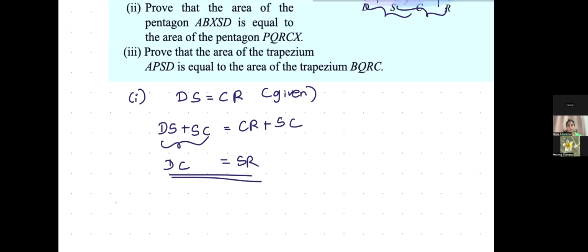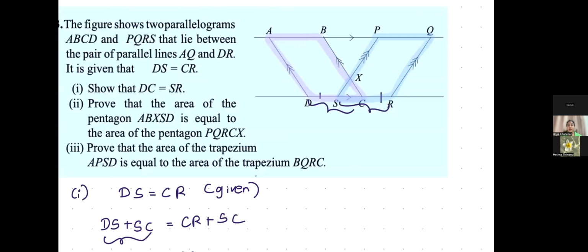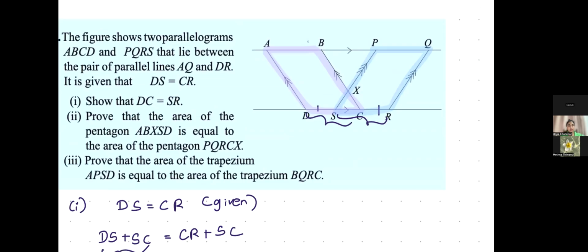So I will write area of parallelogram ABCD.